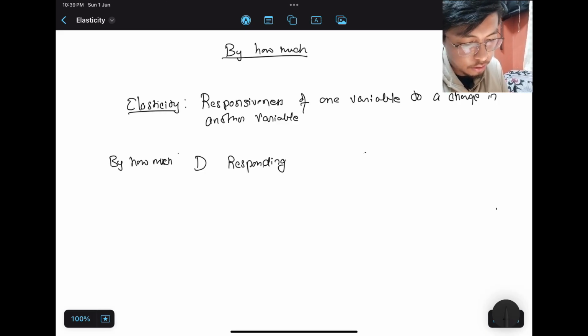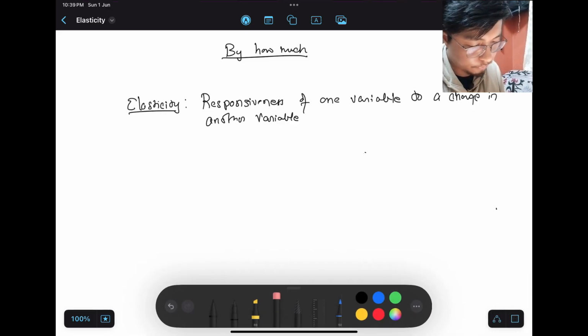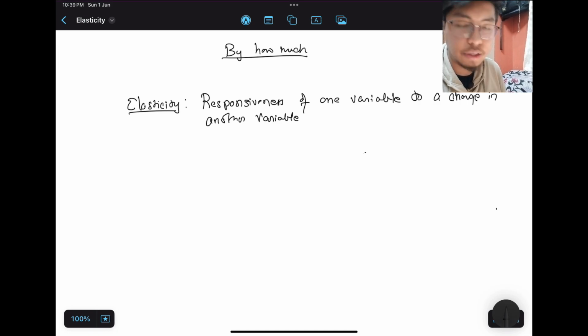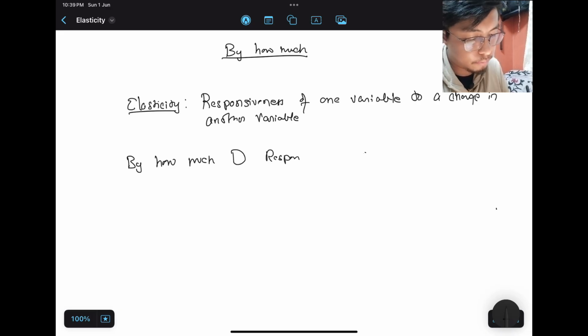Just wait, this became a little bit messy. So price elasticity of demand basically talks about by how much my demand is responding to a change in price.